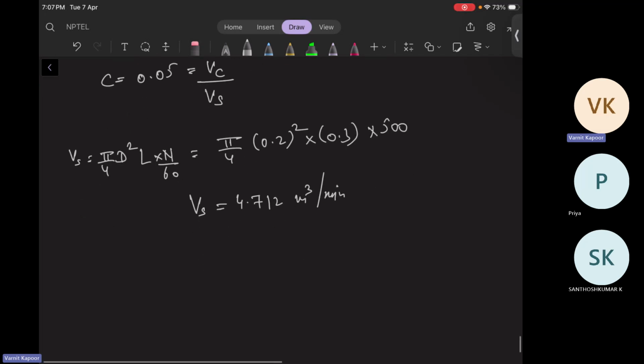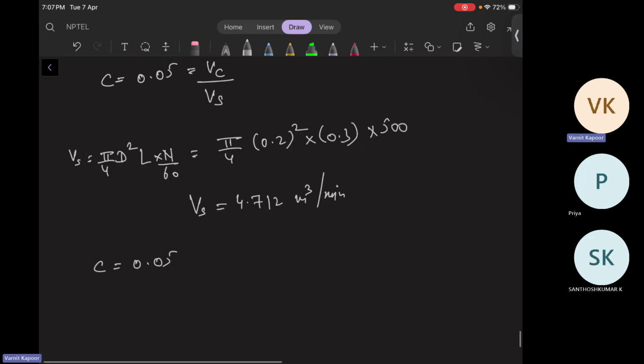You know that clearance ratio is 0.05. That is V clearance, that is V3 by V swept is V1 minus V4. Okay. Also, let us not write in this term.